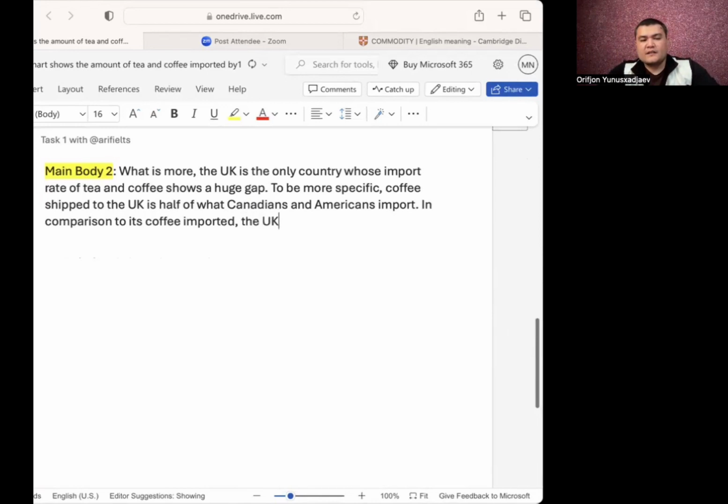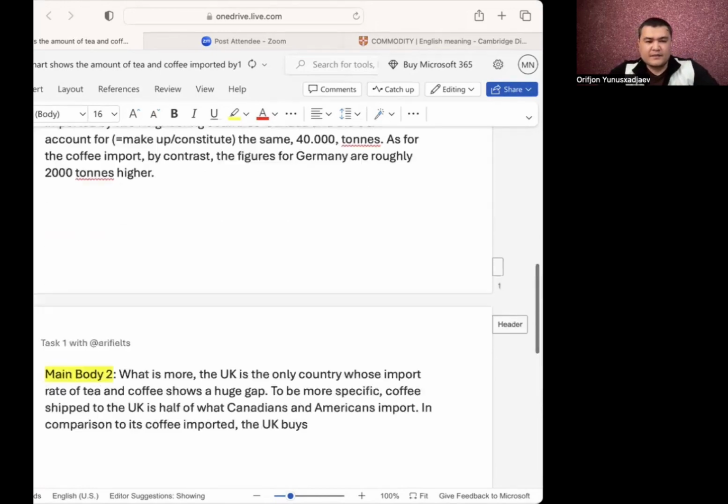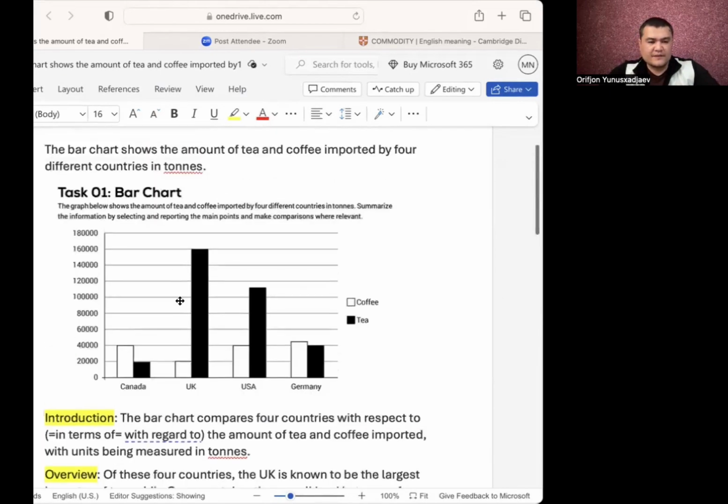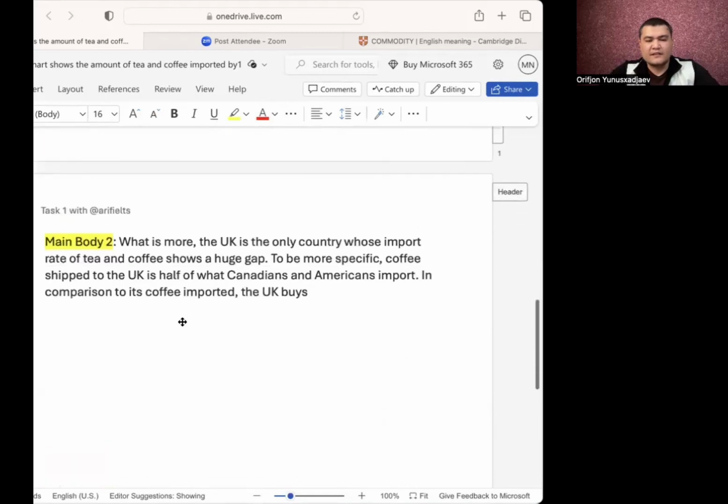The UK imports, if I say imports, okay, let's change it into buys because it's buying anyways, right? If it's importing, it doesn't take it for free. So the UK buys, here we said the difference is 8 times. So I'll write it here, buys 8 times more tea from, so if we import something, we import it from outside, right?